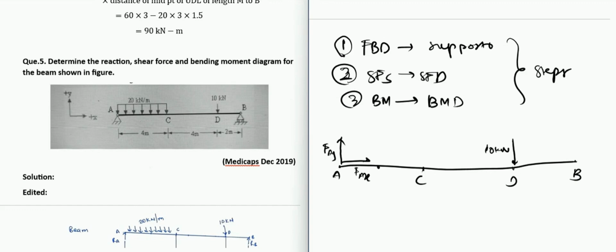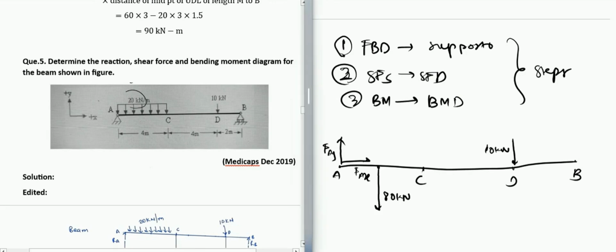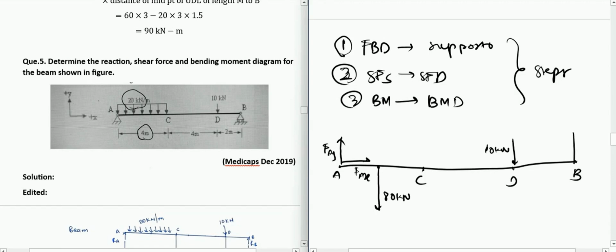We need to convert the UDL into a point load. Let us say this is 80 kilonewton, because 20 kilonewton per meter is the magnitude and the total length is 4, so 20 into 4 is 80. That is the total load. At B, we have a roller support, so we will only give a vertical force, FBY.